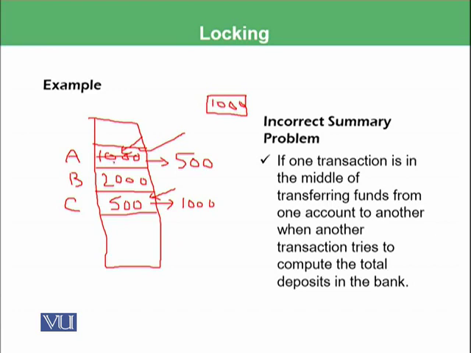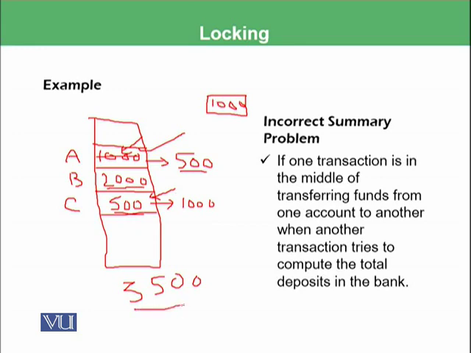Previously it had 1000 plus 2000 plus 500, so it is 3500. However, now it would be this 500 and this 500, which would be 1000, and this 2000, so 3000.